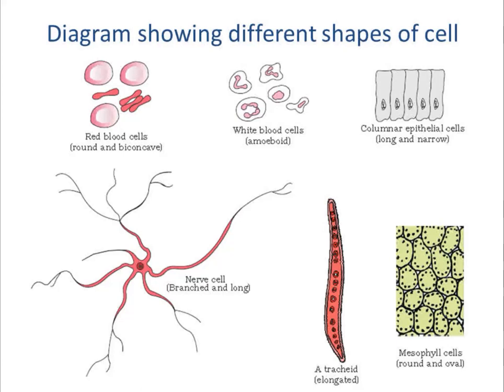Remember that the outermost and innermost layers of the tissue are always made up of epithelial cells, which are of different types based on shape. For example, they could be flat, and then we call it squamous, a tile-like structure, that is squamous epithelia. A cube-like structure, cuboidal epithelia. Column-like structure, columnar epithelia.